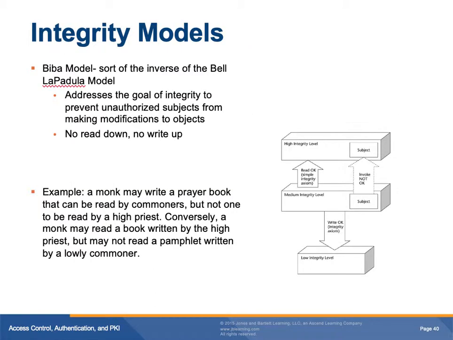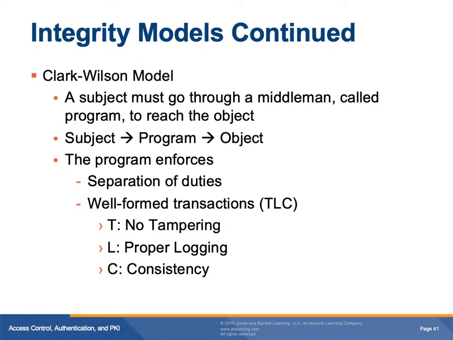Integrity models. Look through this one in the book in particular. You have high integrity level, a medium, and a low integrity, and the aspects along with that. The Clark-Wilson model is: a subject must go through a middleman called a program to reach an object. So subject, program, and object.